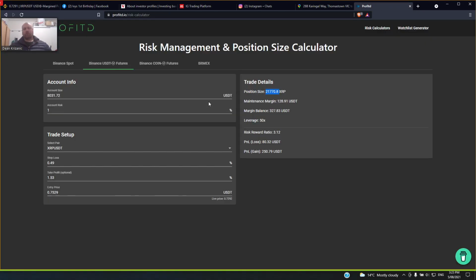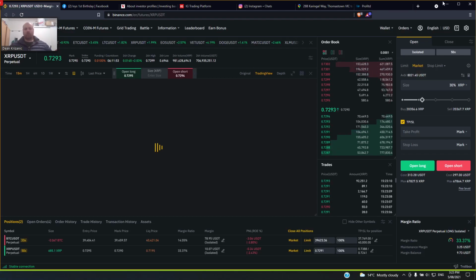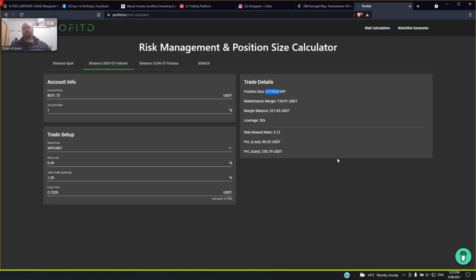there's something wrong with this. I'm not sure what it is, but it's happened to me a few times where I've inputted certain numbers, and then I'm like, hey, what? I didn't get the profit that I was looking for in this instance.